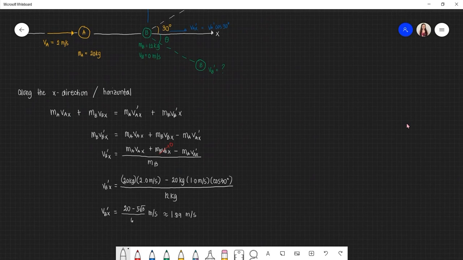Now let's go to the y direction, along the vertical.